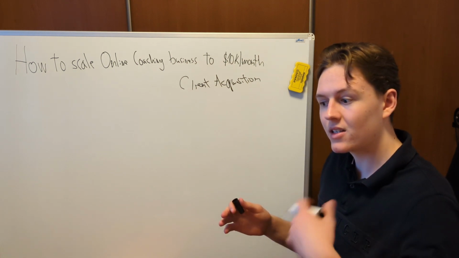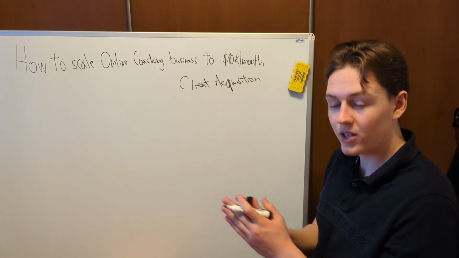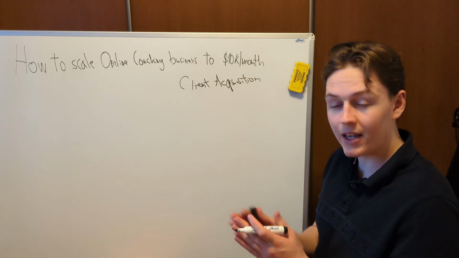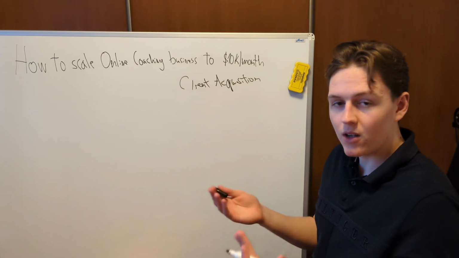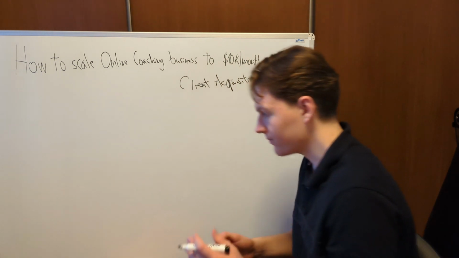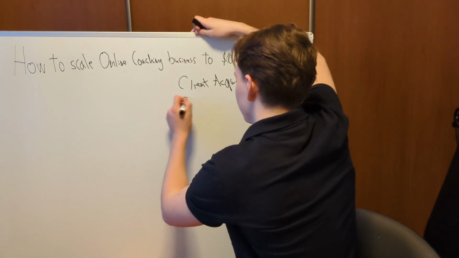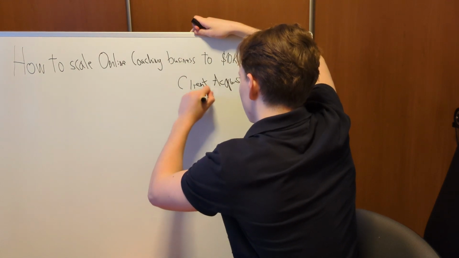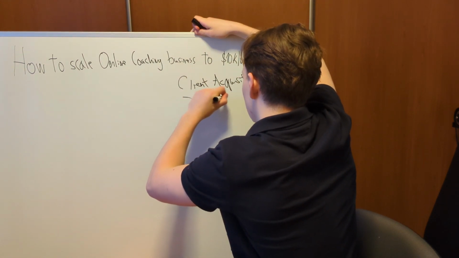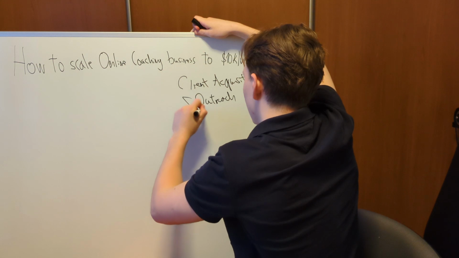So this is the biggest problem, and that's why I'm going to be focusing this video primarily on client acquisition, because the service delivery side is pretty straightforward, and if you are already a coach, that means you know how to deliver stuff, alright? So the two most important things in client acquisition are outreach and content, alright?